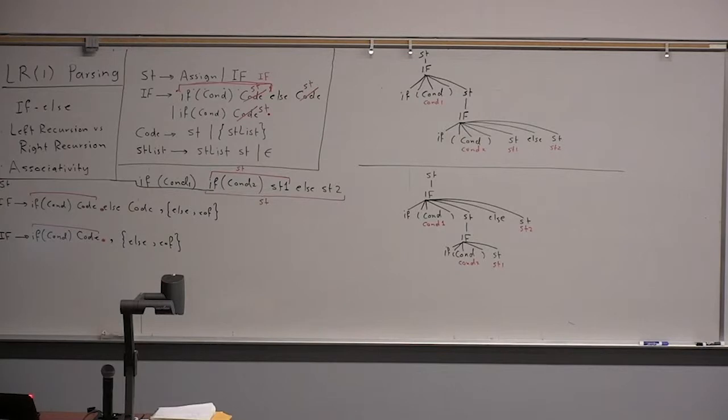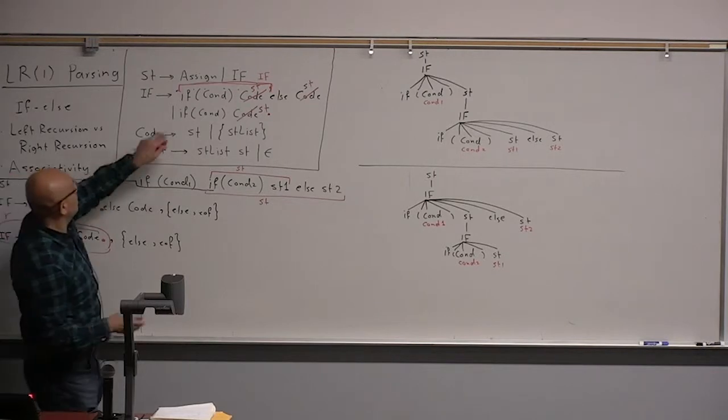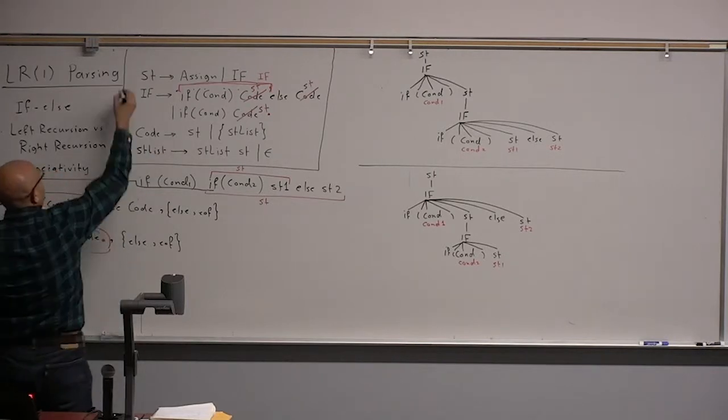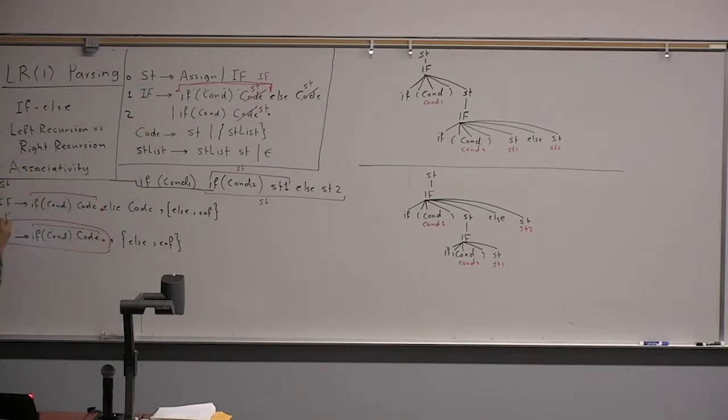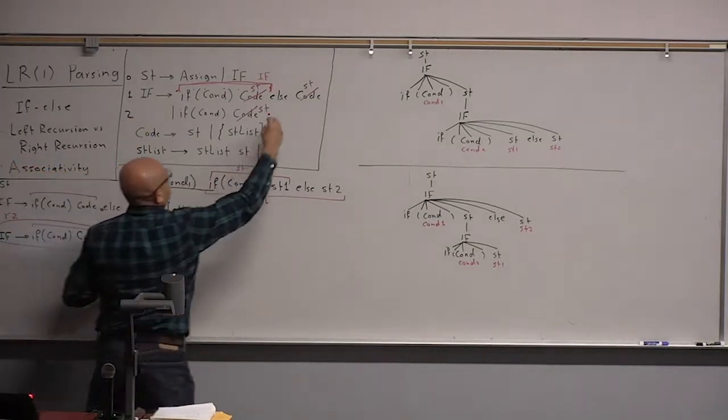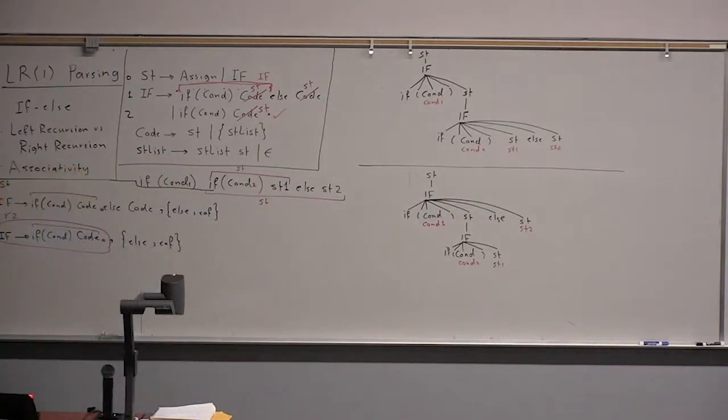Because at this point, do we have a reduction? Yeah, we have a reduction. So we can reduce by rule number 2, which is this. But do we have a shift? Yeah, we also have a shift.